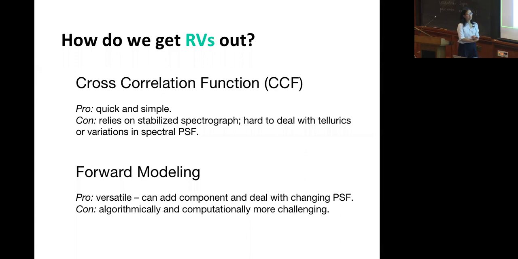Algorithmically, it's very challenging. And if you really want to push to beyond a meter per second, it can become computationally challenging as well. So it's not just doing a simple CCF. You're either doing some least chi-square minimization, or maybe you want to push to Bayesian space, or maybe step through the velocity space, and that becomes expensive very rapidly.